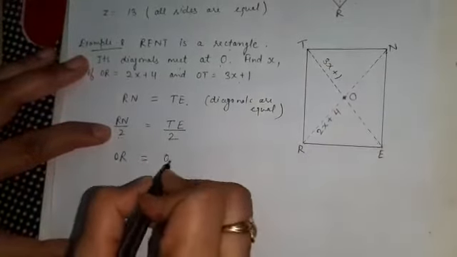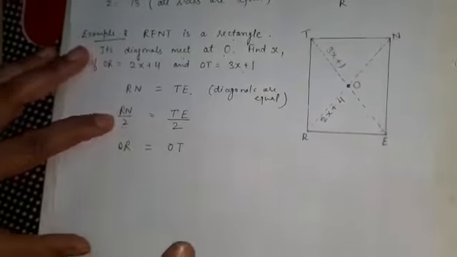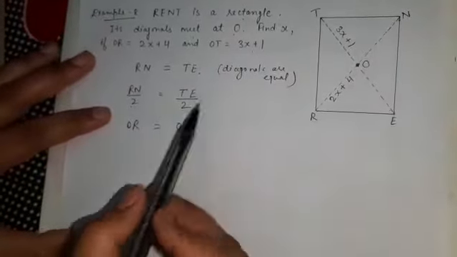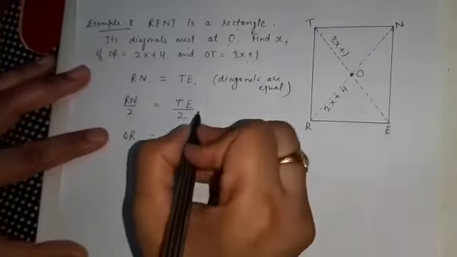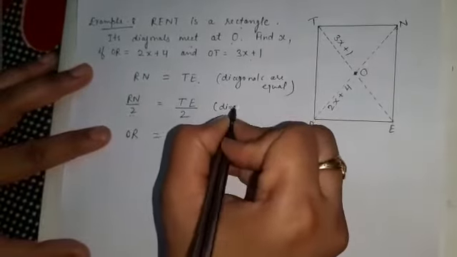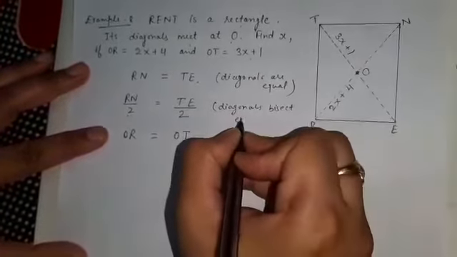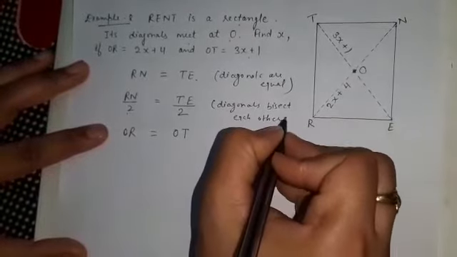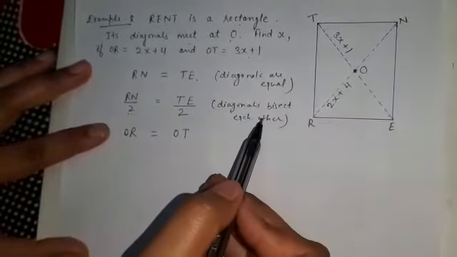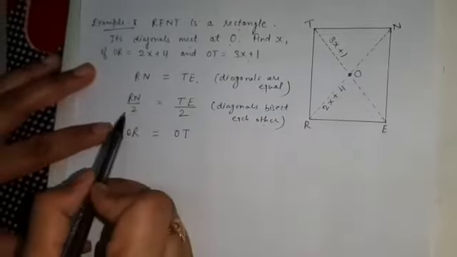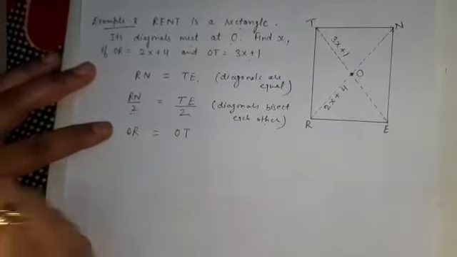So if full lengths are equal, then halves are also equal. Here you can mention that diagonals bisect each other. Only because of this reason we can write that their halves are equal.